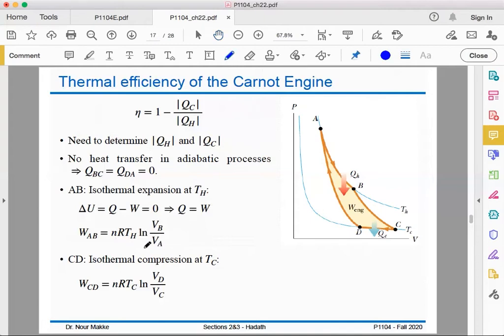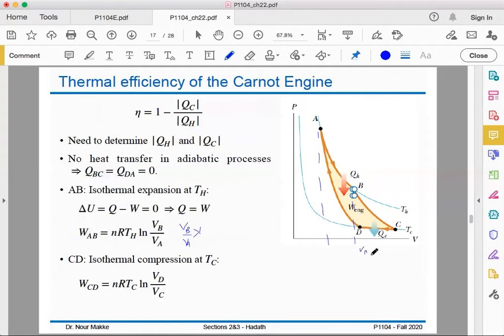For this expression, nRT, of course they are constant, so we don't look at them. We have to look at ln of this ratio. So this ratio VB over VA is greater than 1, right? VB over VA is greater than 1 because VB is bigger than VA. As you can see here, we are in an expansion and VB is greater than VA.